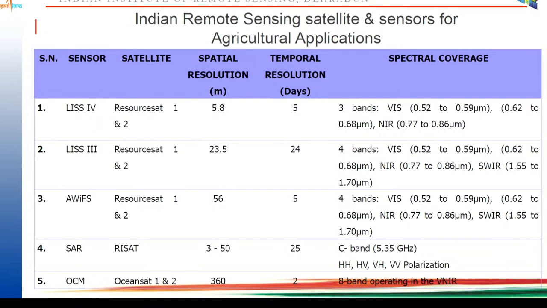So some of the few examples which I highlighted here: there is one Resourcesat satellite which has 3 sensors on board: LISS 4, LISS 3, and AWiFS. LISS 4 is mainly useful for field boundary detection or cadastral level field scale mapping of the different kinds of crops. LISS 3 imagery is available at 23.5 meter resolution and every 24 days.